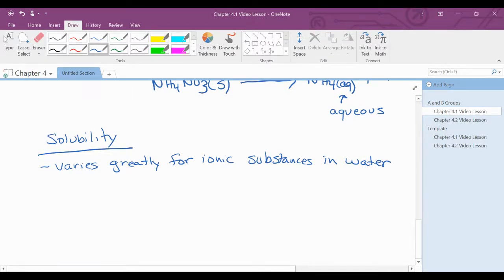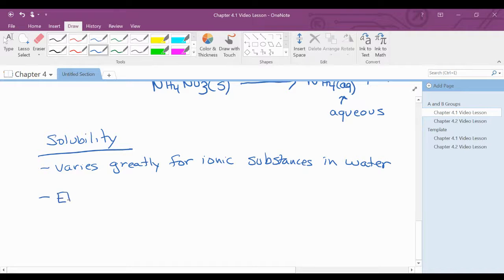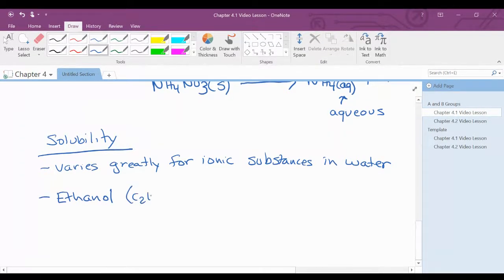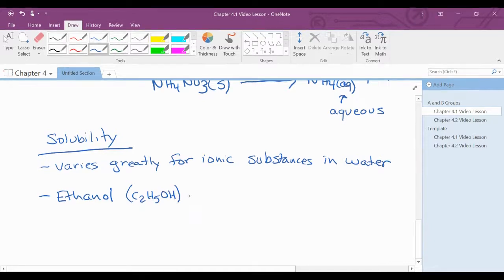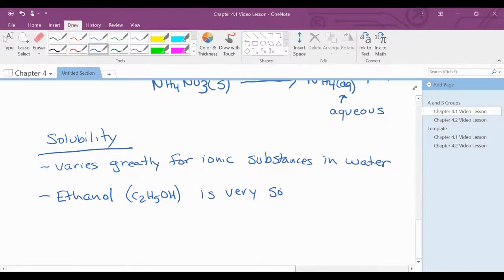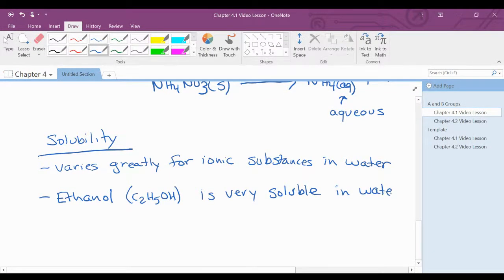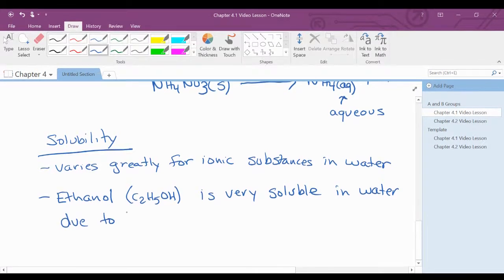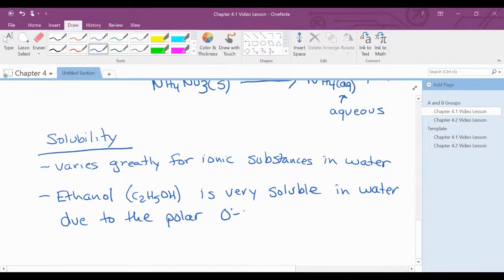For example, ethanol is very soluble in water, due to that polar OH bond.